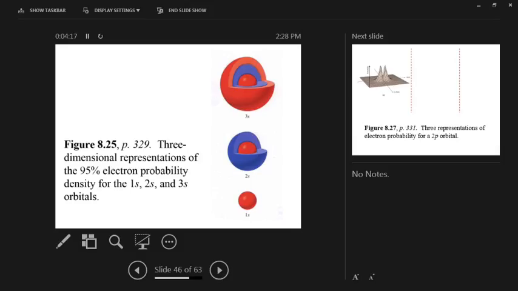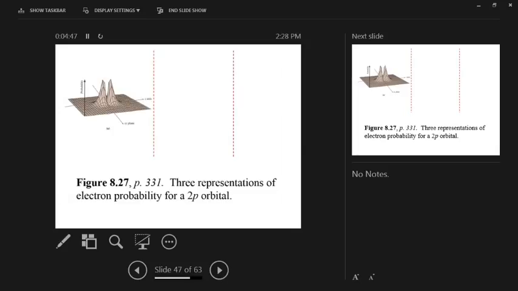At n equal to 2, you pick up a P. At n equal to 3, you have an S and then you pick up a D. At n equal to 4, you pick up an F. Right away you can see these S's are further from the nucleus and they have higher energy. That's what this is showing you.